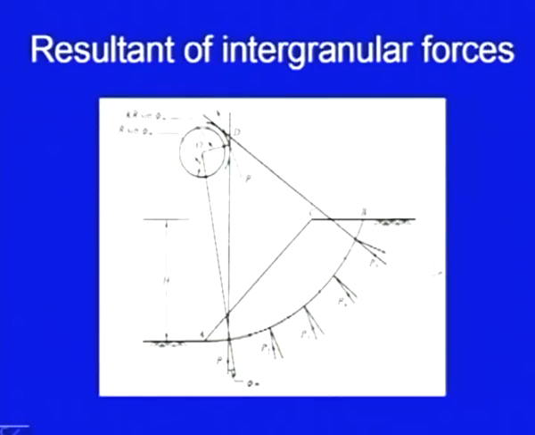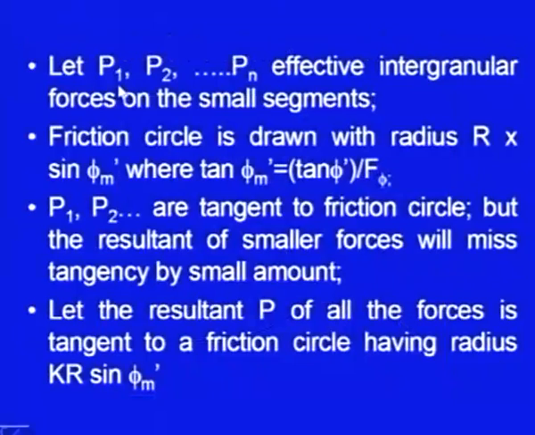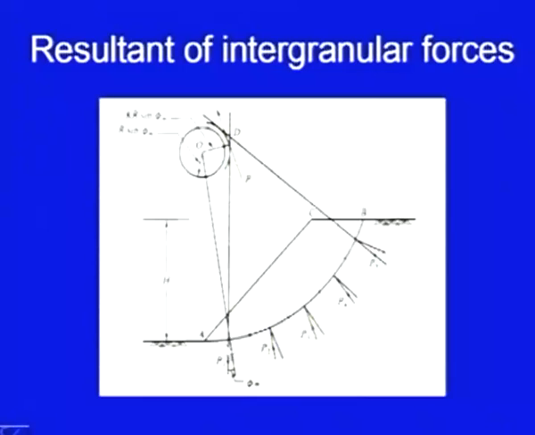Now, let us come to the resultant of intergranular forces. Let P1, P2, Pn be the effective intergranular forces on small segments. These are very small segments we have taken, and the effective intergranular forces, the frictional component, P1 here, P2 here, P3 here and so on.